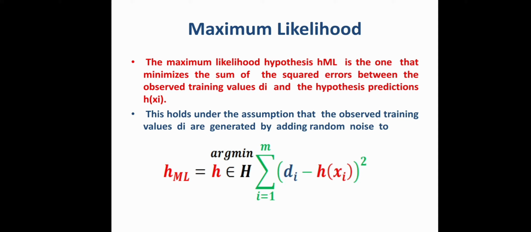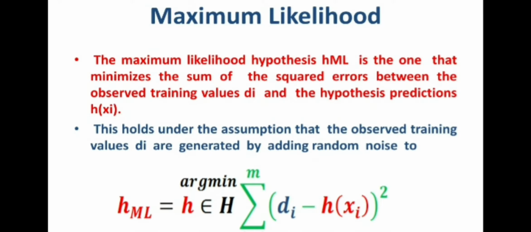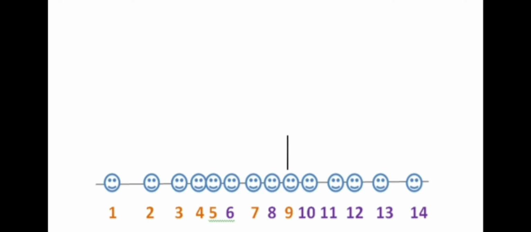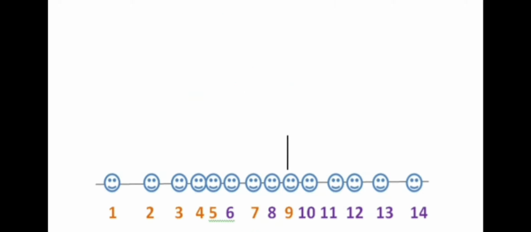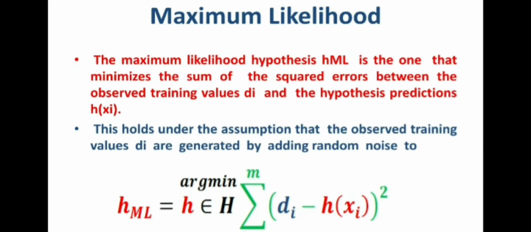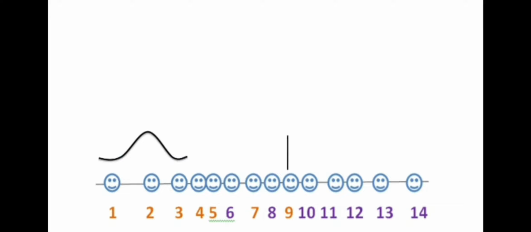Now, how can we analyze what maximum likelihood is? If we have many instances of the hypothesis where h(x_i) is varying, like h(x1), h(x2) and so on, using this animation we can clearly understand it. We have 14 persons in a project team, and among them I need to select the best 2 persons for on-site.